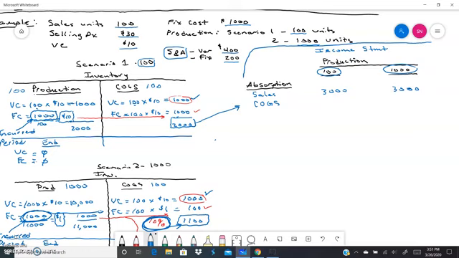So here, under the production of 100 units, we'd have cost of goods sold of $2,000. And of course, under the production of 1,000, we'd have cost of goods sold of $1,100.